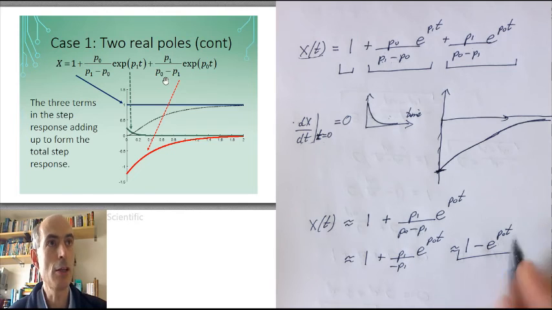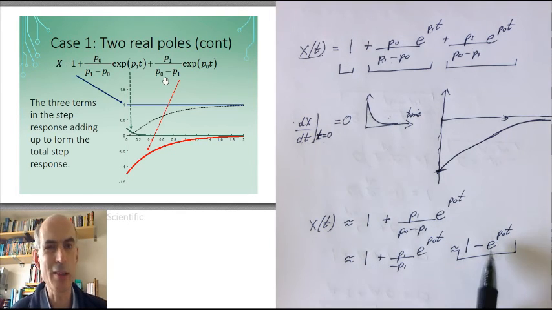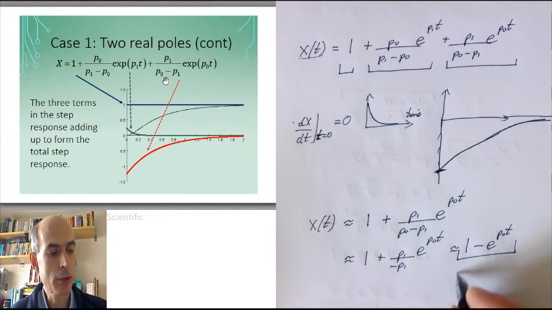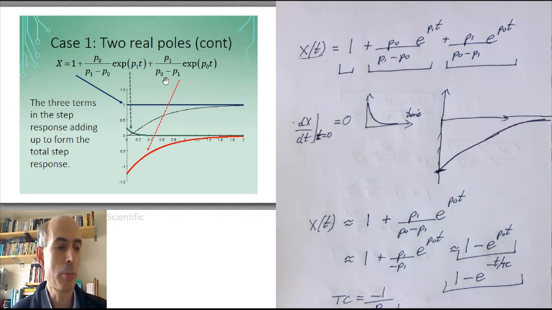And that is a first order step response. We didn't write it quite like that when we were looking at first order systems. We would write it like this, where Tc is the time constant. However, we noted that the time constant was just minus 1 over the pole. So actually, the two expressions are the same.